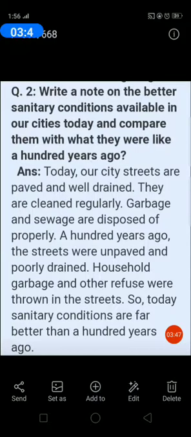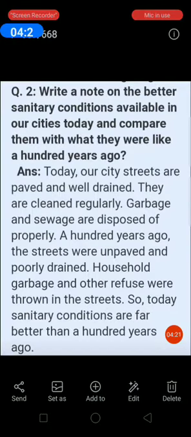But here we are reading today's situation. City streets are paved and well drained. They are cleaned regularly. Garbage and sewage are disposed of properly. Now it is being compared with 100 years ago. What was the situation 100 years ago? 100 years ago, the streets were unpaved and poorly drained. This is exactly opposite to what we have read in the first sentence of the answer to this question. Today, city streets are paved. 100 years ago, they were unpaved.